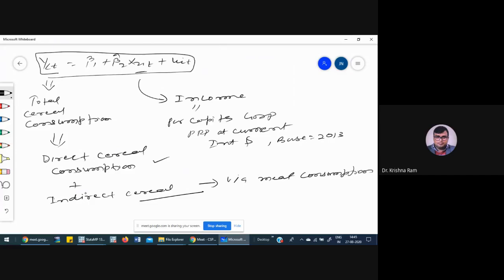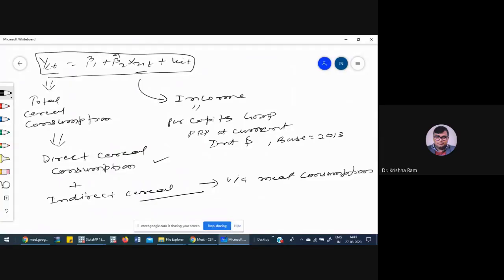So I mean to say, meat we get from chicken, from goat, from pork, from beef, and to produce 1 kg of meat, cereal is required.